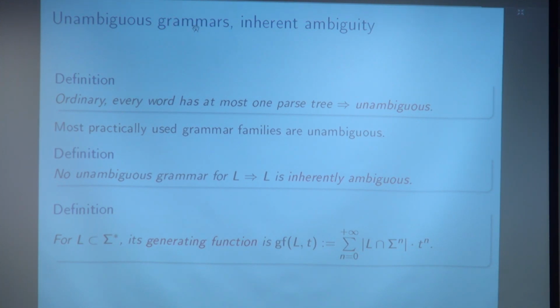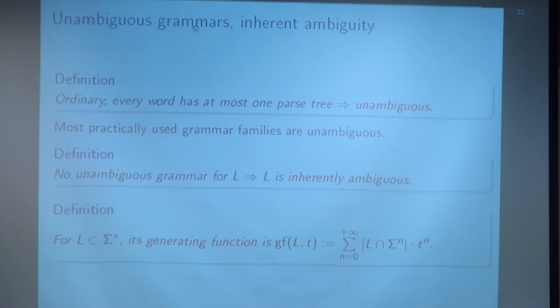And so therefore we can talk about some languages that have some ordinary grammar but don't have any unambiguous grammar. And these languages, in a sense, cannot be parsed with the simple parsers we usually use. And so proving that some language cannot be parsed by simple parsers is kind of a negative result. And such languages are called inherently ambiguous.